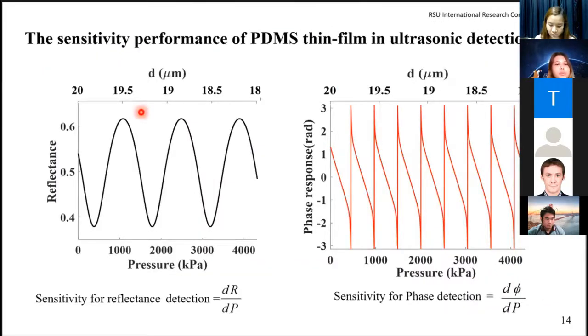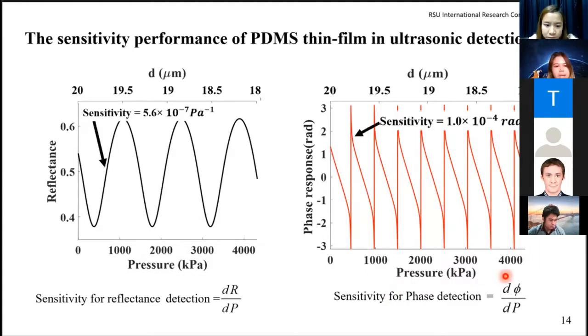From the two model simulations, we can conclude with two figures. The left figure is the reflectance and the right figure is the phase response. The left shows the reflectance of the PDMS thin film under different ultrasonic pressure, and the right figure shows the phase response of the PDMS thin film under different ultrasonic pressure.